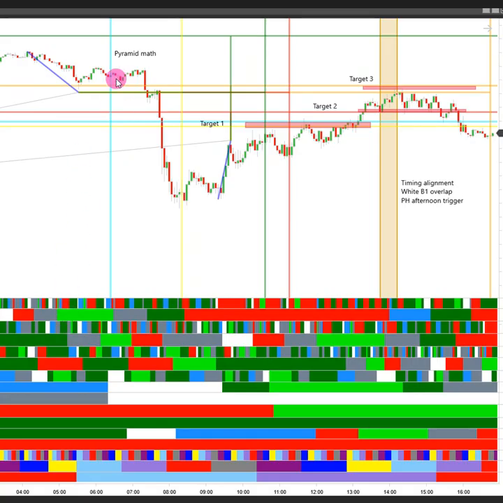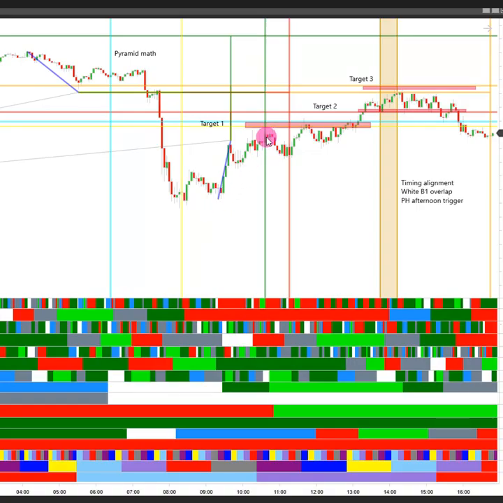So we had a minor low at the first hit there. The second one timed the bottom, so we had price and time at the low based on the pyramid. Plus we also had the alignment on the Vedic timing tool, which I pointed out before.